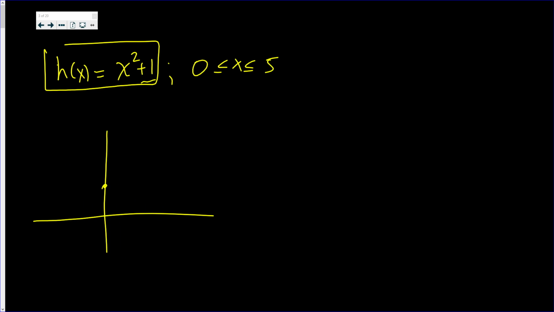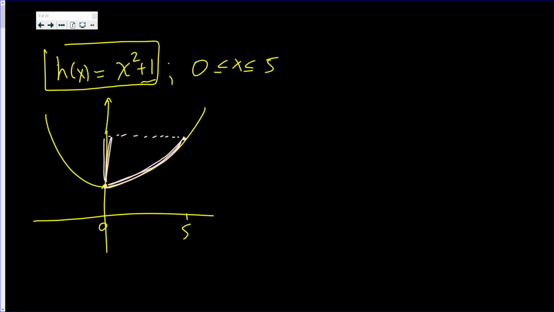And it looks like this. The good thing is from 0 to 5, it is increasing. That is, the range is going to be, that's 5.